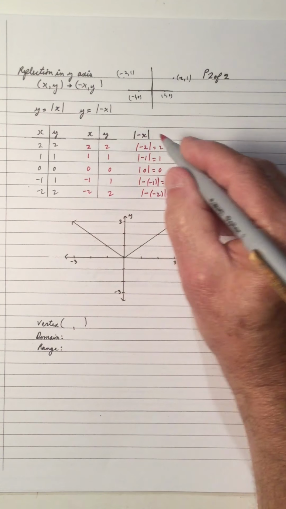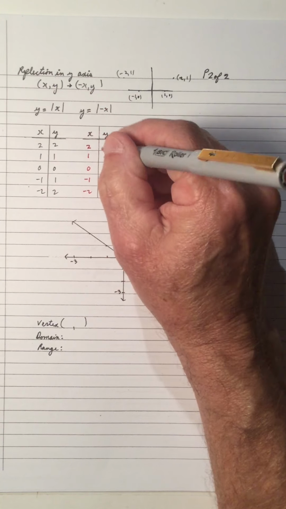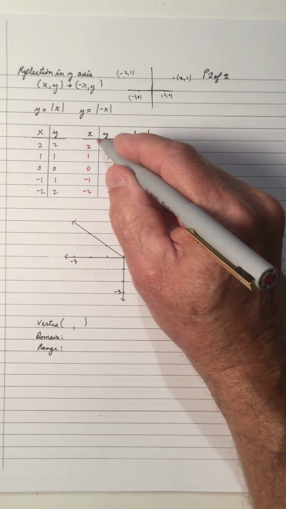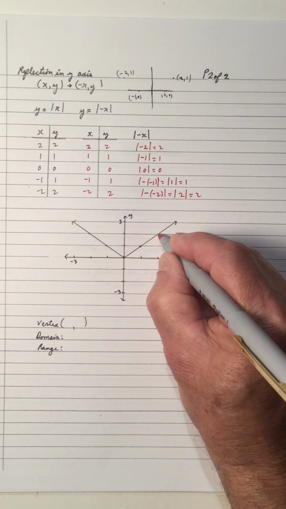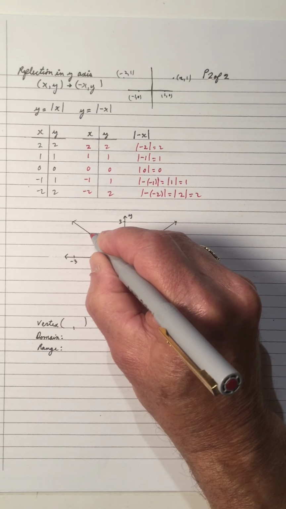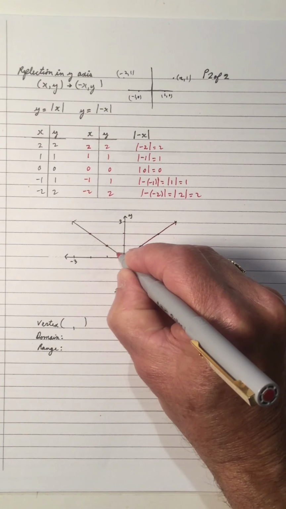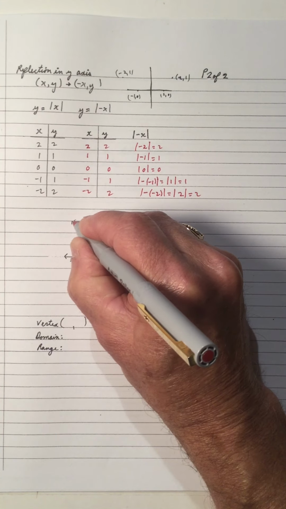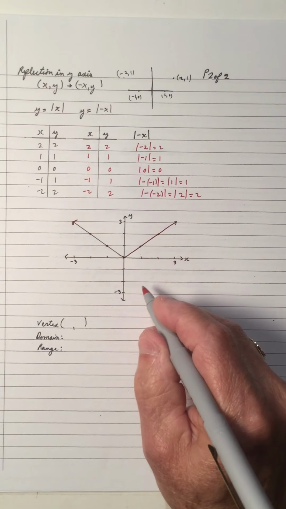Notice that when we do the reflection in the y-axis, changing x to negative x, the tables of values are identical. So we reflected it, but there's no change. If you reflect the basic equation in the y-axis, there's no change.